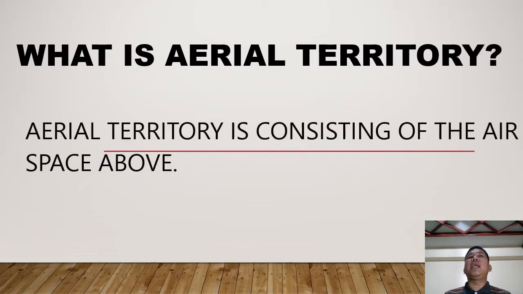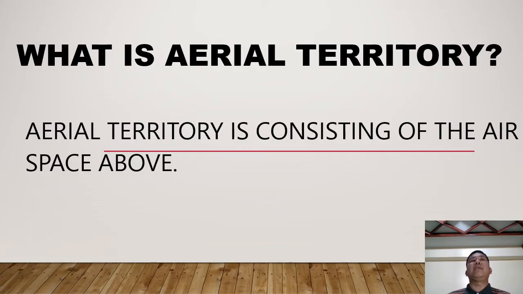How about aerial territory? The aerial territory consists of the airspace above the maritime, the fluvial, and the terrestrial territory. There are some authorities saying that the end of the aerial territory is where the outer space begins. So, if it is the beginning of the outer space, that is already the end of the aerial territory.